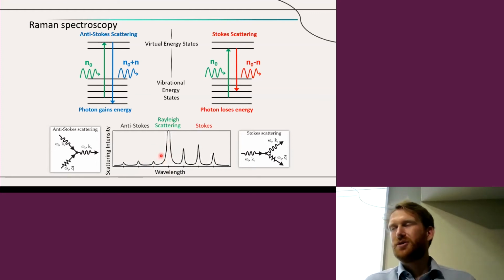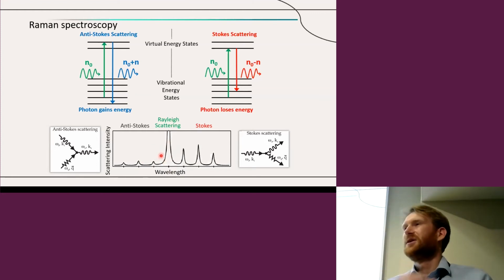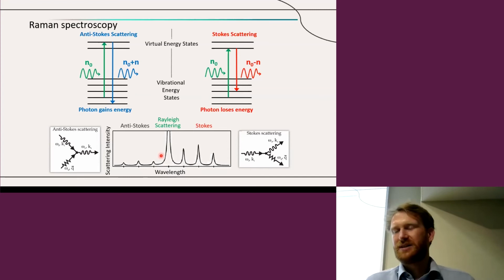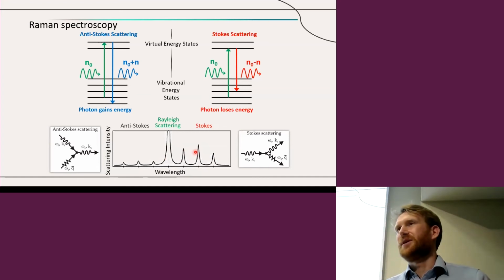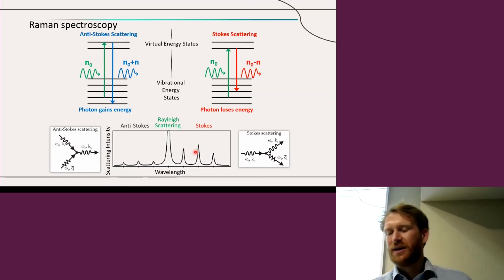Of course, most of the light will still scatter without interacting with any vibrational states. That is called Rayleigh scattering, the reason why the sky is blue, as is often said. But there are some cases where it does interact with a vibrational state, either by gaining a little bit of energy, on the anti-Stokes side, or by losing a little bit of energy, on the Stokes side.